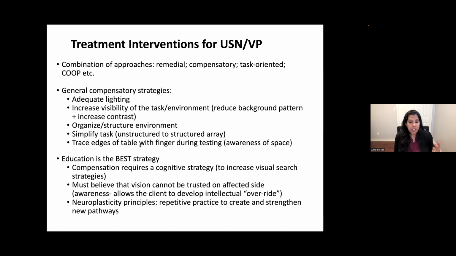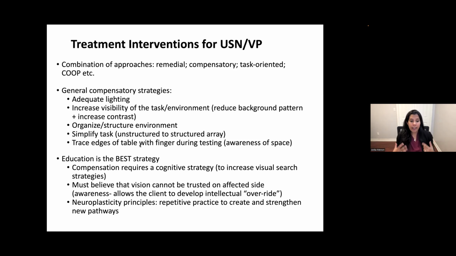It's essentially bringing to the awareness that the client needs to be aware that, for a client with USN, they cannot trust their vision on their affected side, because they inherently will just ignore that left space.